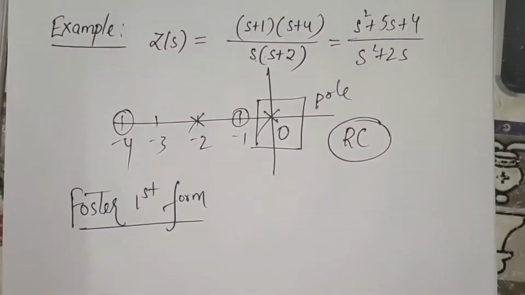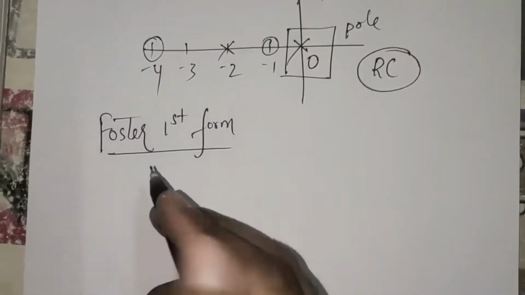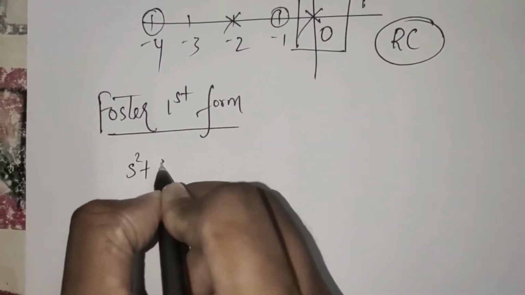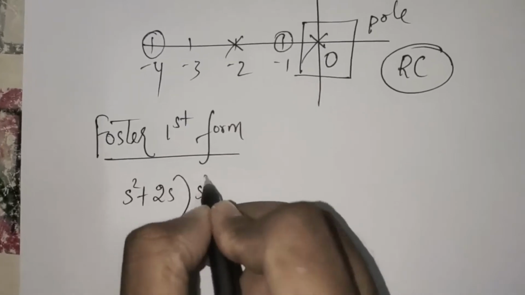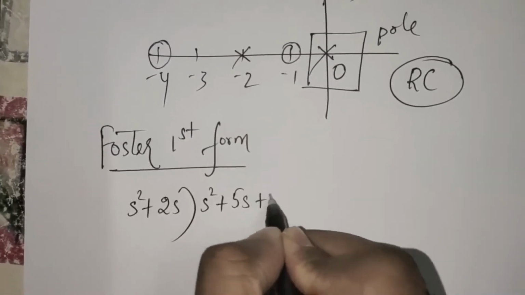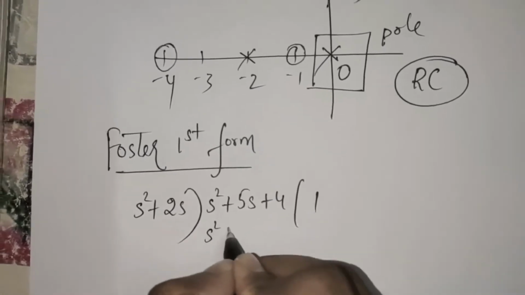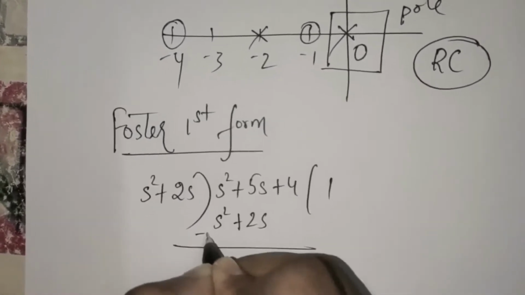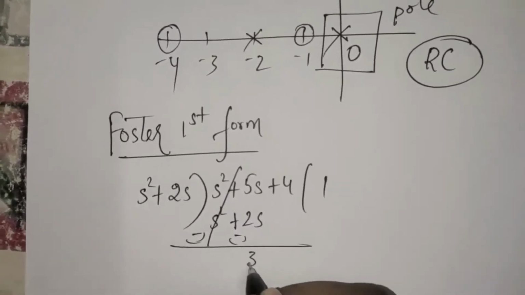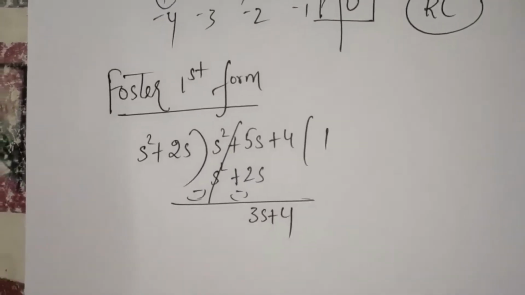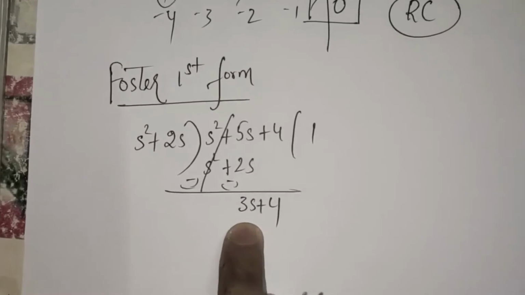So now I will divide both numerator and denominator once. So s square plus 2s, s square plus 5s plus 4. This goes once and s square plus 2s. So this is 3s plus 4. So the remainder is positive.